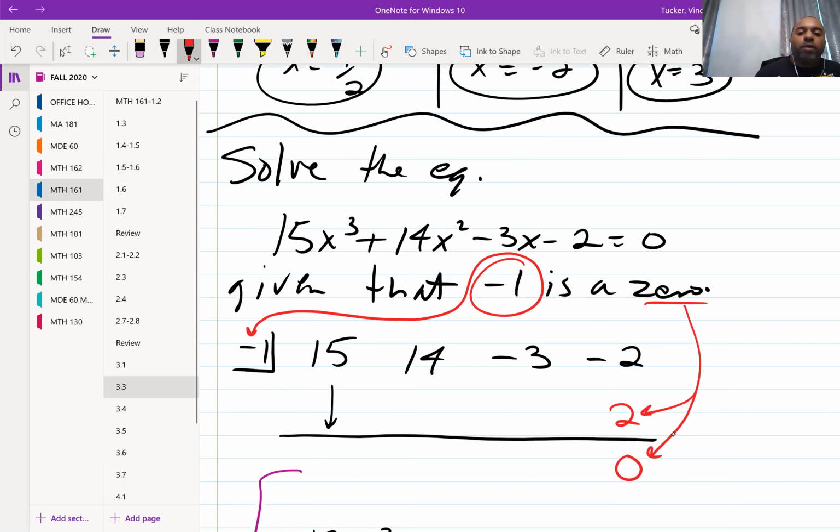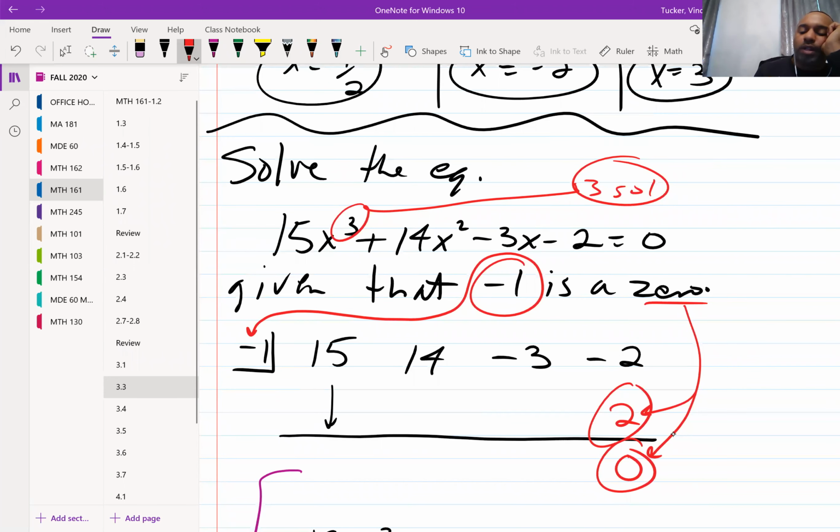We're using 15, 14, -3, and -2. Don't forget, this lets us know we need 3 solutions. And since -1 is a 0, that means 2 has to go right here and 0 has to go right here in order for us to know that we've done it correctly.